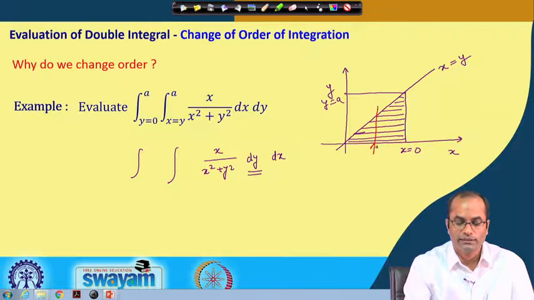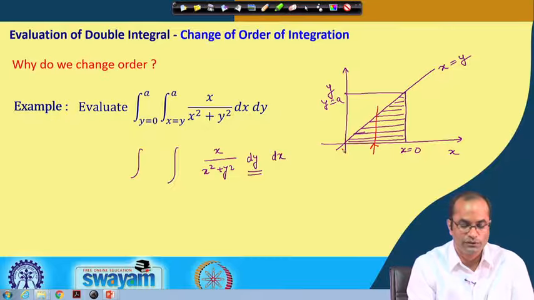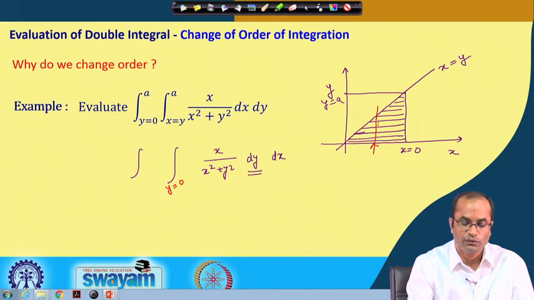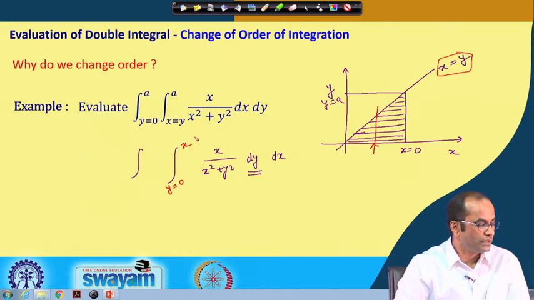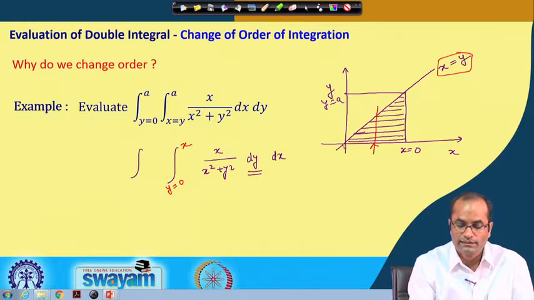So, for covering the whole domain, it is entering at y is equal to 0, so the limit here will be y is equal to 0, and it is leaving the domain exactly at this line where y is equal to x. So, from y is equal to 0 to y is equal to x, and the limit for x will be from x is equal to 0 to x is equal to a.